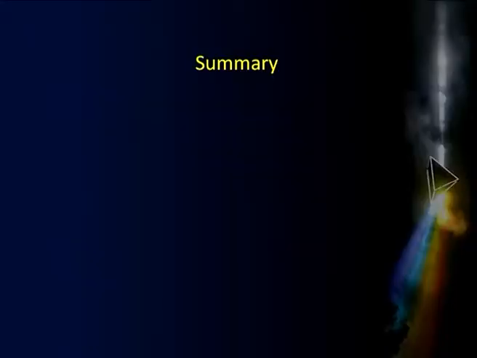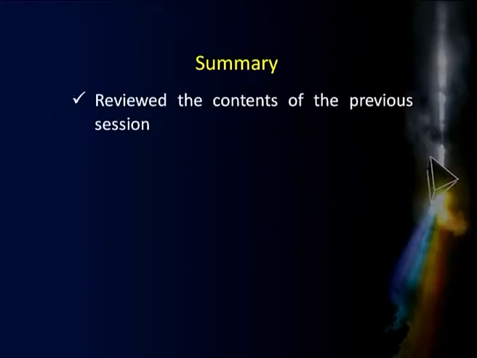So, having discussed rotational Raman spectrum and vibrational Raman spectrum in reasonable detail, let us try to now sum up what we did today. We reviewed the contents of the previous session, where we recalled what we did earlier.